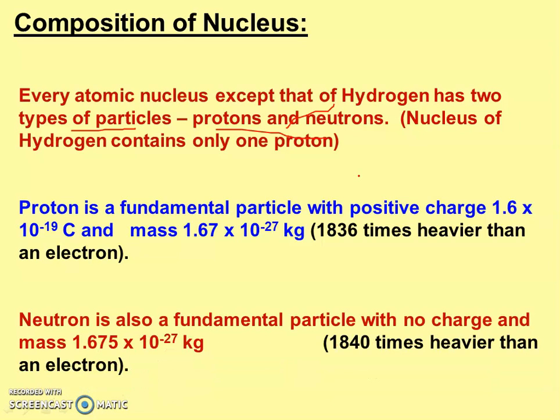Whereas neutron is also a fundamental particle with no charge and mass 1.675 into 10 to the power minus 27 kg. It means neutron is heavier than the proton, but the masses of proton and neutron are approximately equal to each other.